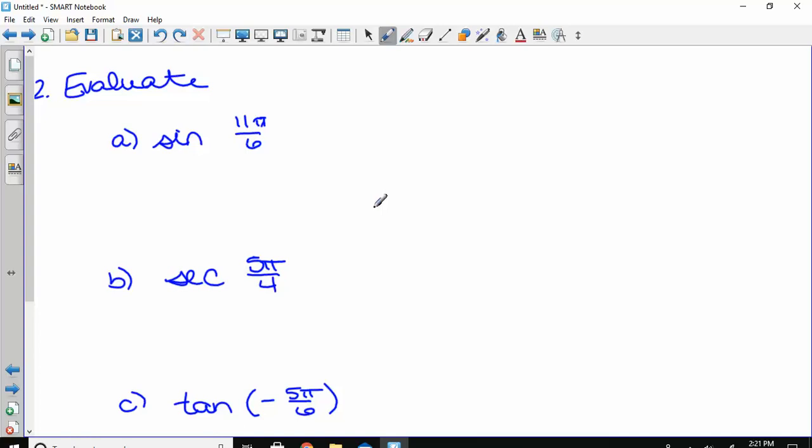When we evaluate these things, we have to put quadrants and reference angles with that. Ideally, I would like for you to be comfortable enough with radians that you could do this from looking at our problem. And we know in quadrant 1 it's always pi over a number.